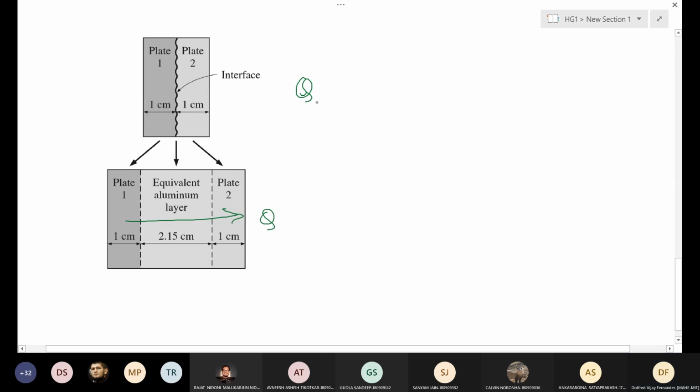Q imperfect and Q 3 layers, I guess. Okay. See how much extra resistance we have because of the interface. Because of the interface, we have to add a layer of 2.15 centimeter thick.